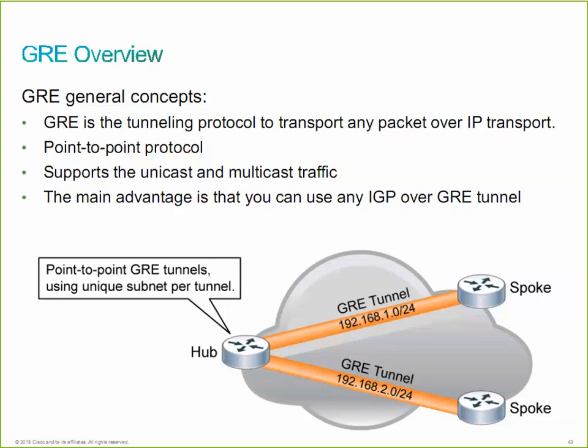If you're trying to design a highly available GRE solution, you usually have two routers at the central site and one router at the branch site. And then each hub router at the central site would have its own connectivity to the WAN network.